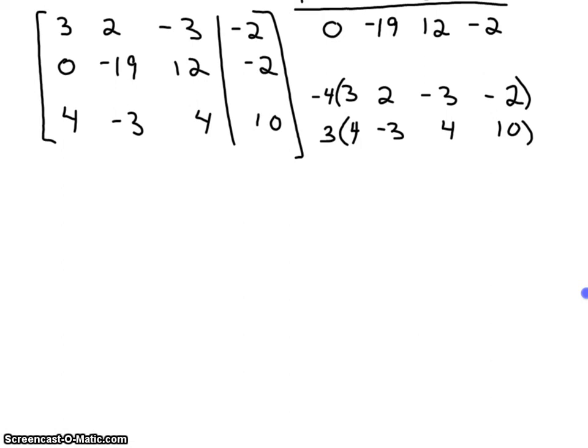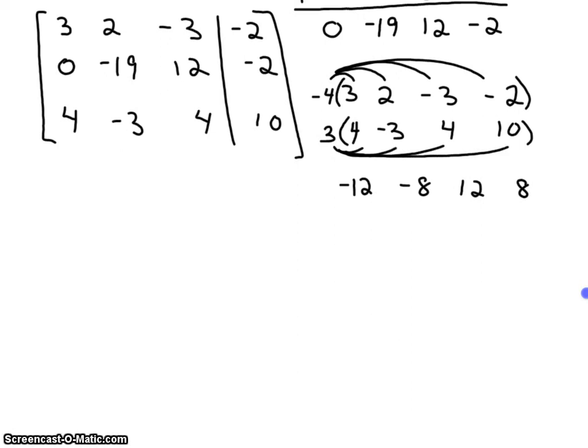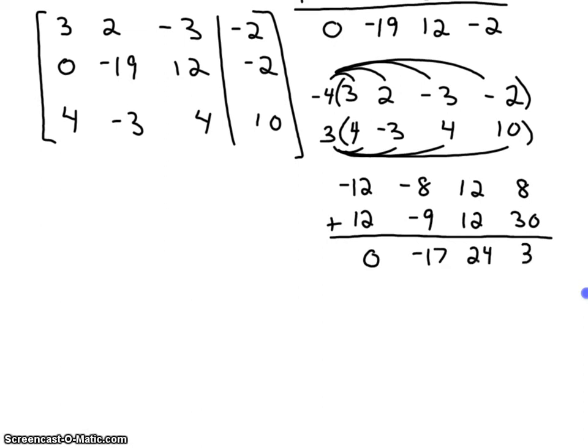Now as a result, I get negative 12, negative 8, positive 12, positive 8. I just distributed the negative 4. Now I'm going to distribute the 3, and I get, as a result, 12, negative 9, 12, 30. Add these together. 0, negative 17, 24, 38.